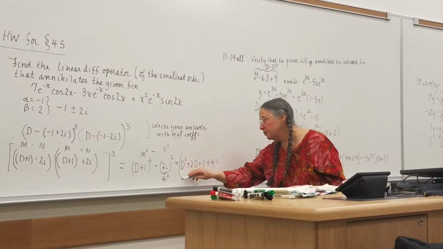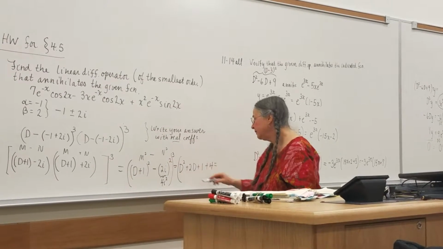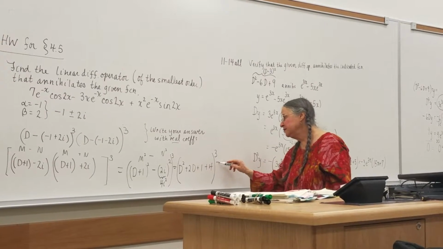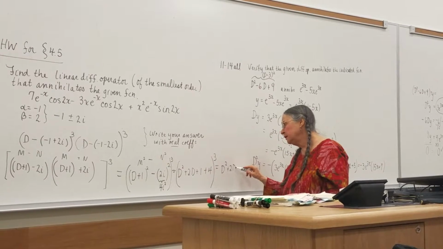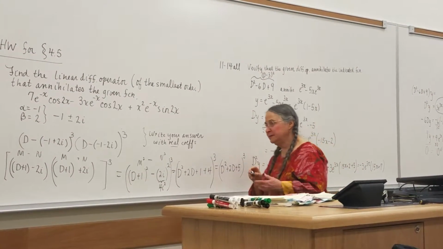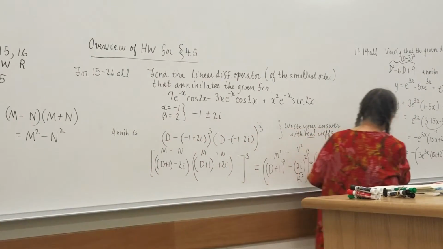It's all raised to the third power, so it's D squared plus 2D plus 5, cubed. That's the way you would write the annihilator for those terms.